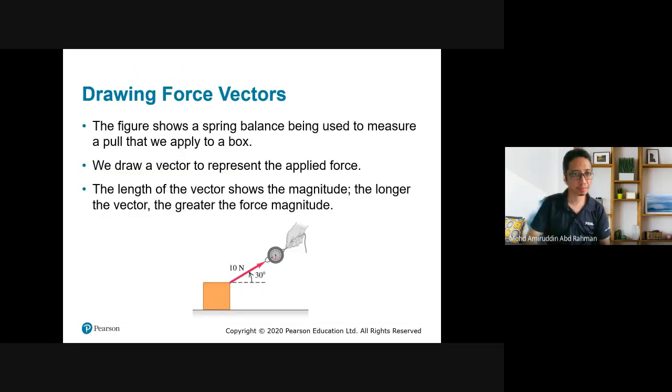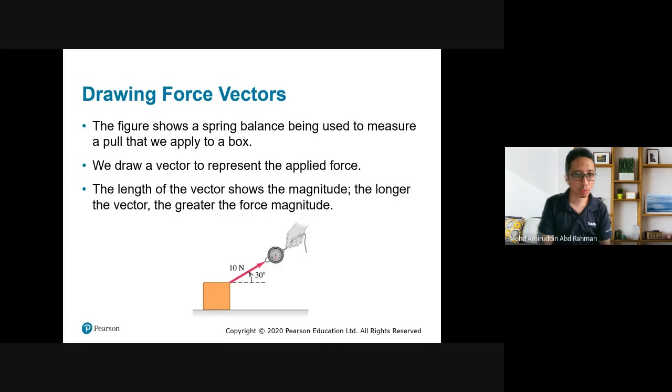Now we want to draw the force vectors. For example, the figure shows a spring balance being used to measure a pull that we apply to a box. So we draw a vector to represent the applied force.